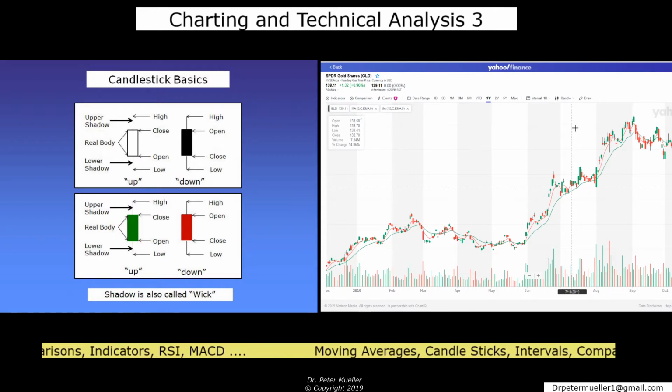So whenever you see a candlestick, these are the 4 key points you have to know. You will know what the highest point during the day is, you will know what the lowest point during the day is, and whether the opening was higher than the close or lower than the close, which is represented in the color of the body.